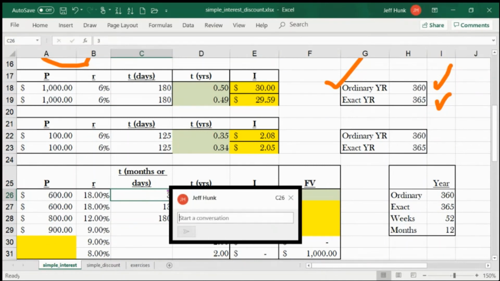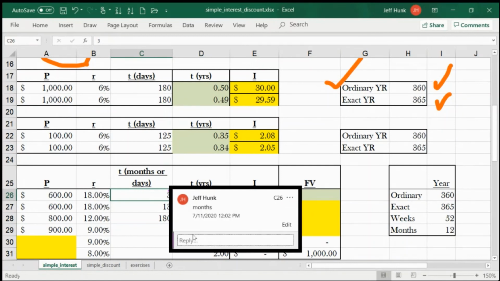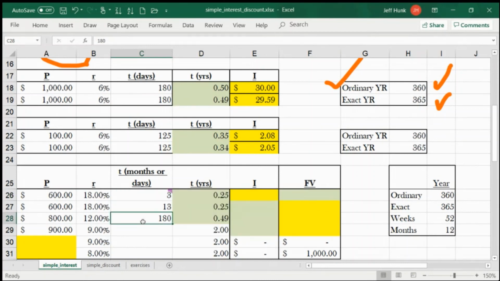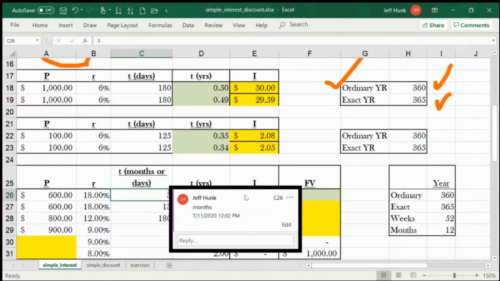But people generally don't look into this that much. Okay, the comment is there.